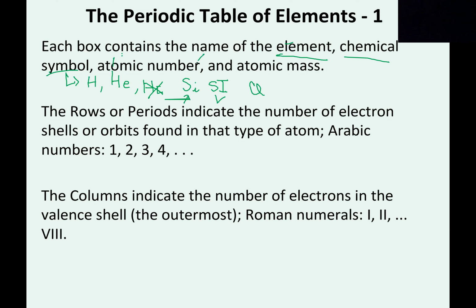Okay, atomic number. In the box, you need to find helium. Should be upper right corner. At the top of the box, you have a 2. That is the atomic number, and you need to label this on your periodic table. Atomic number, which is the number of protons.